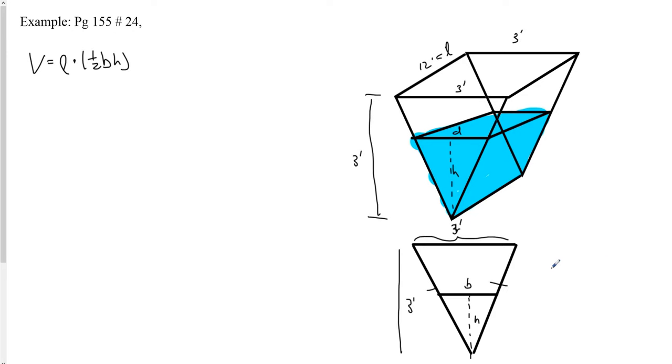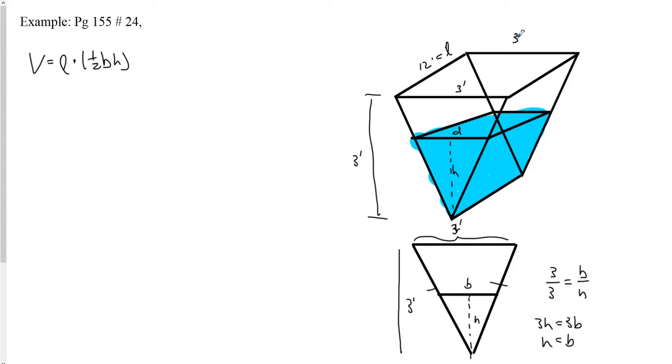So I can literally say that 3 is to 3 as b is to h. And so cross multiplying, I can say that 3h is equal to 3b, and then h is equal to b.